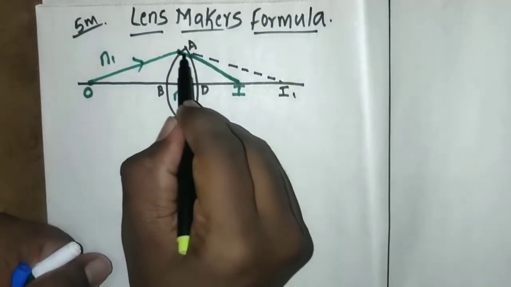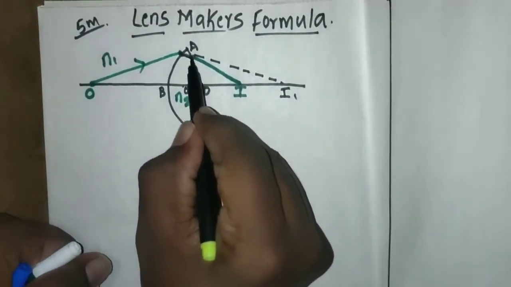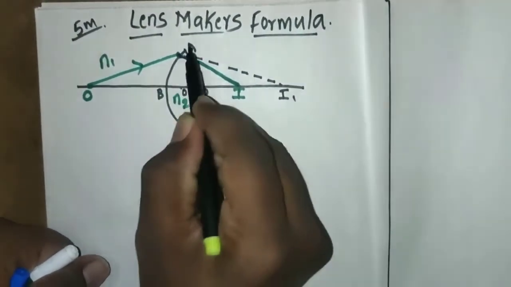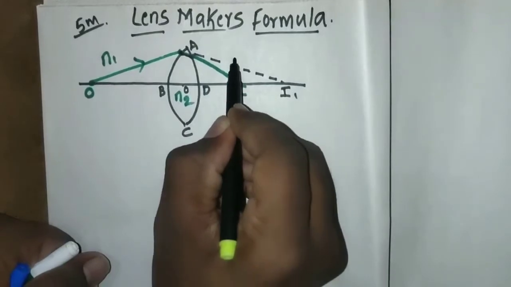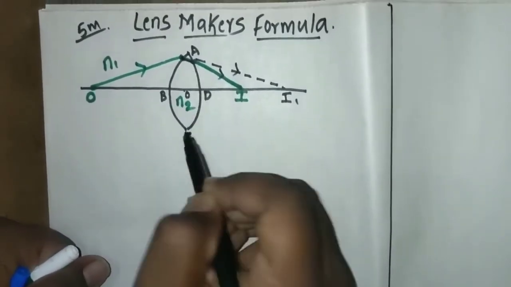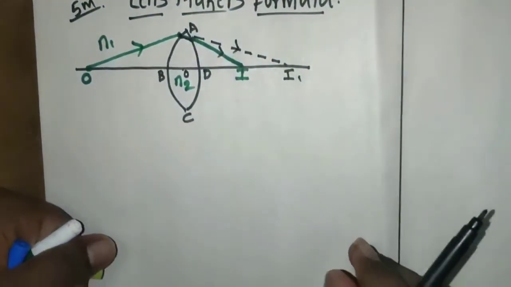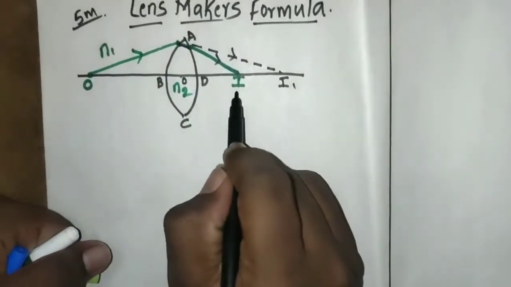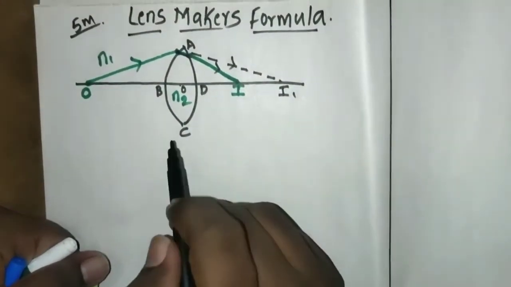This I is the image formed due to the spherical surface ADC, and I1 is formed due to the spherical surface ABC. Later I will explain briefly about the images I and I1.